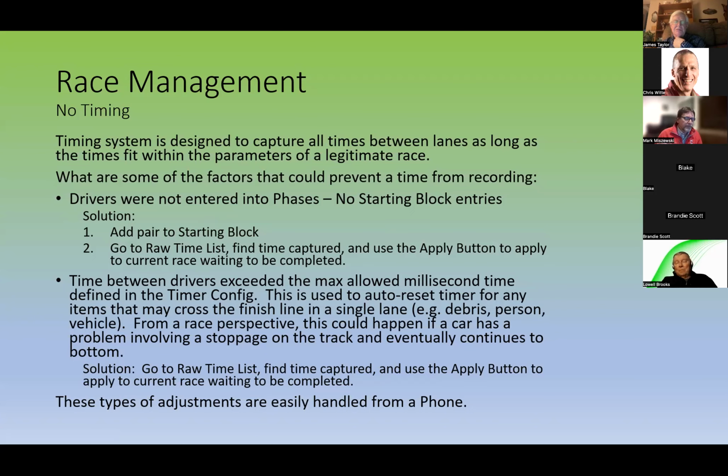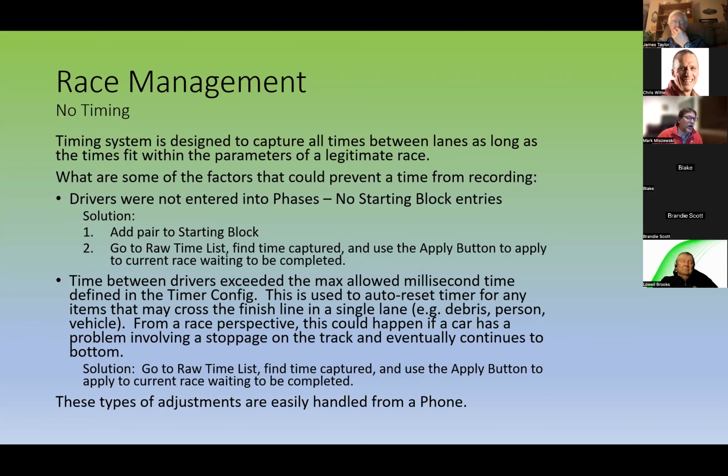Those types of things may need to be tweaked for your particular track. So we have had cases where we're only expecting one perforation for the cables, but on a stock car, the radius rods happen to have a big enough opening that it allowed the timer to get a perforation and no longer trip. We have settings in the timer area that we can go in and tweak those things.